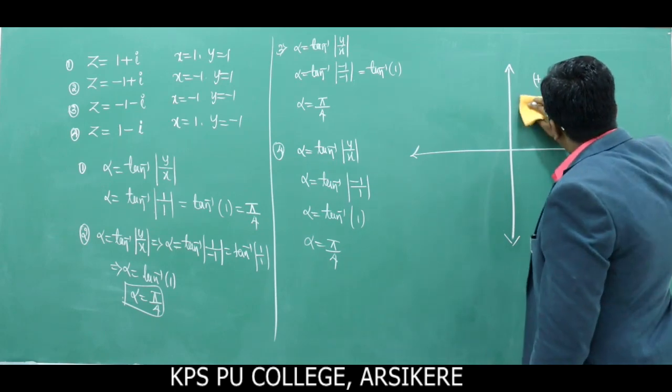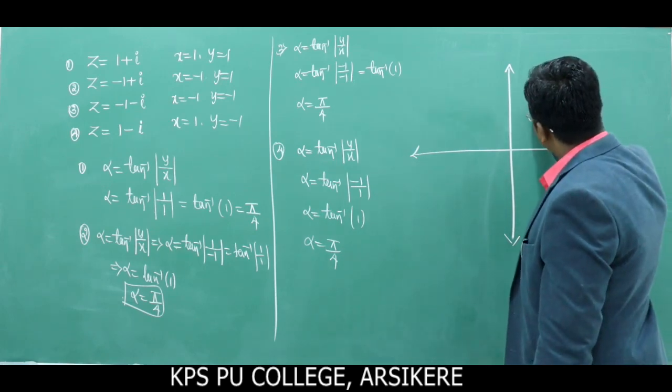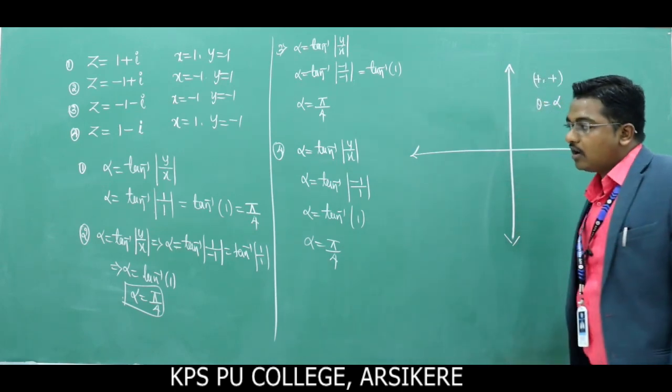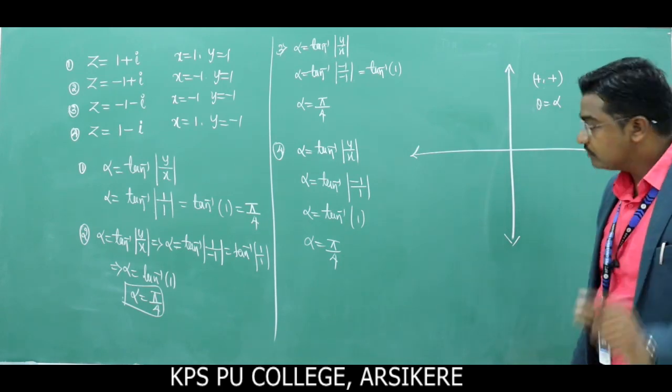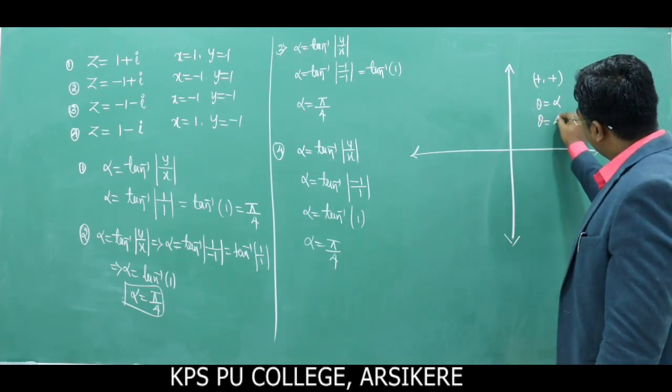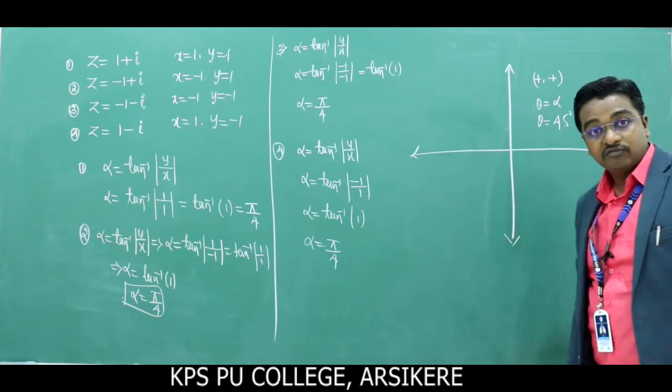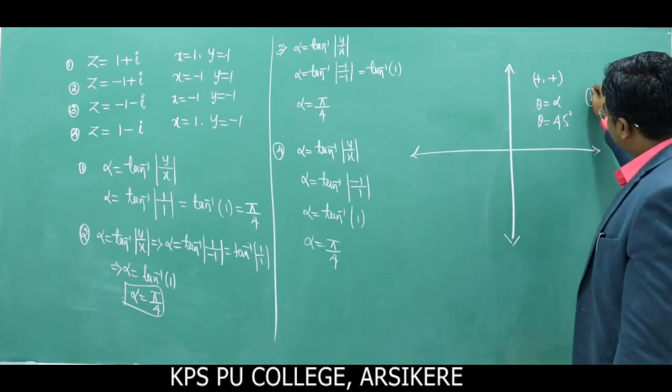For the first number, alpha is 45 degrees. Therefore theta is 45 degrees for the first number. This is for the first one.